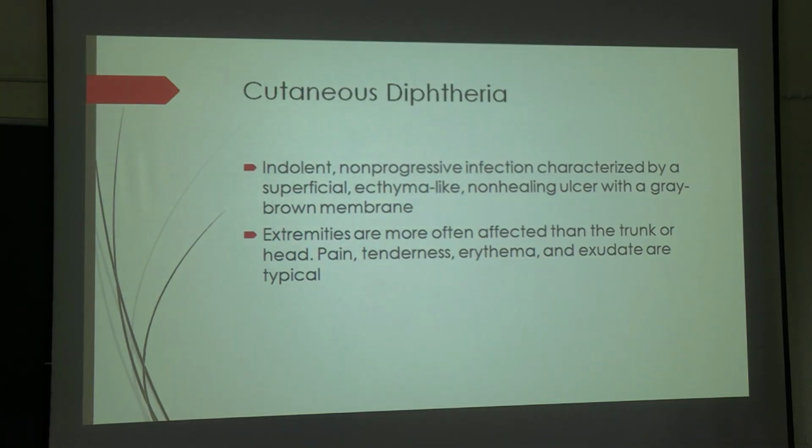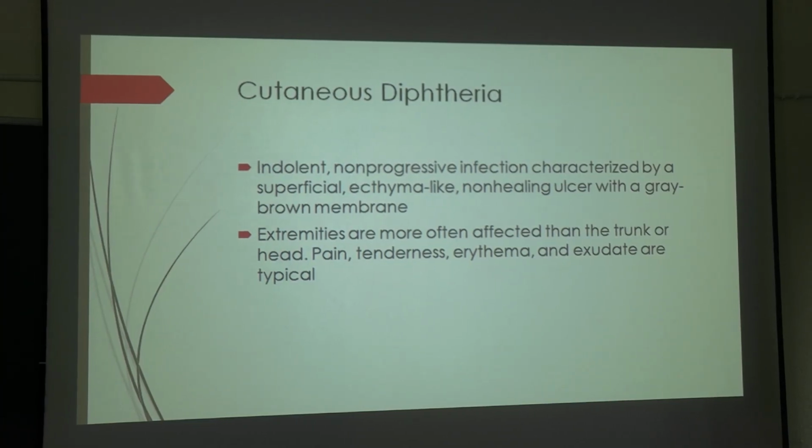Now another type of diphtheria is cutaneous diphtheria, but the respiratory tract or the facial diphtheria, which is more common, presents acutely with features of fever, lymphadenopathy, etc. But this cutaneous diphtheria patient presents with a slow, indolent, non-progressive infection characterized by a superficial ecthyma-like non-healing ulcer. So the patient presents with a long-standing non-healing ulcer.